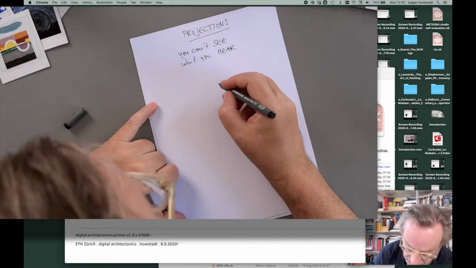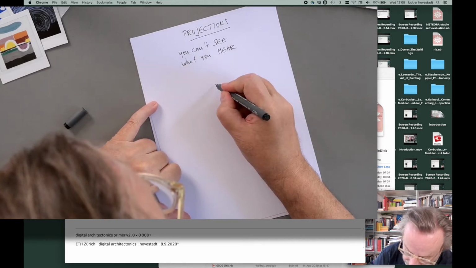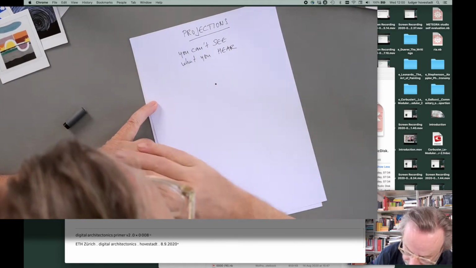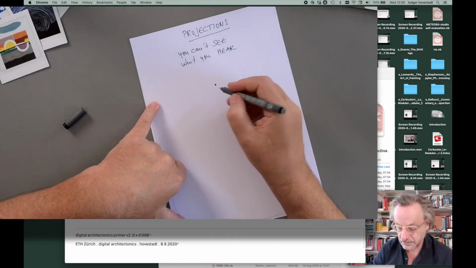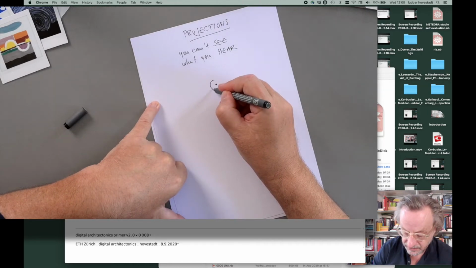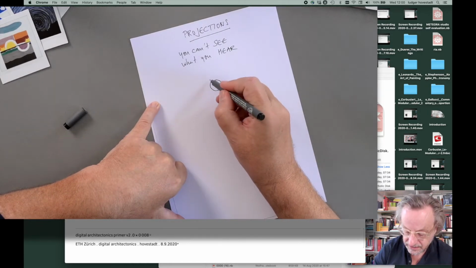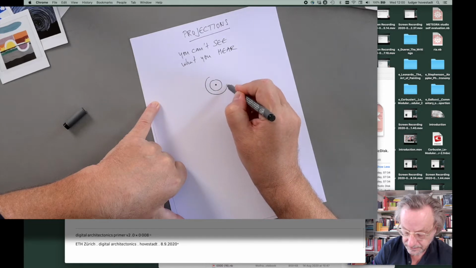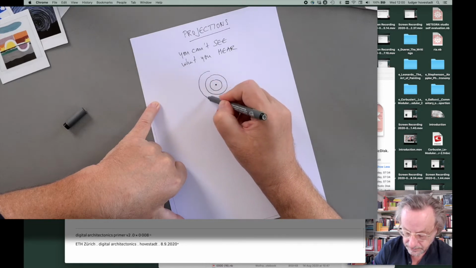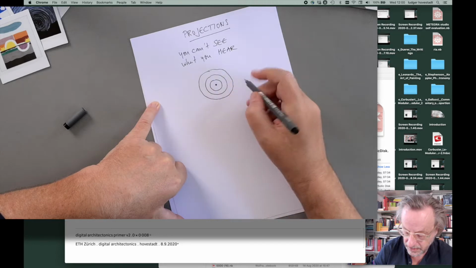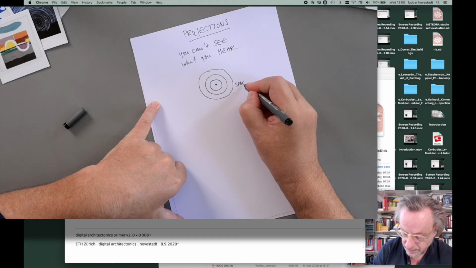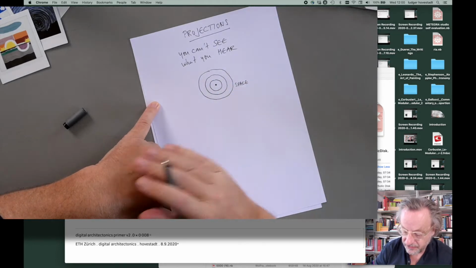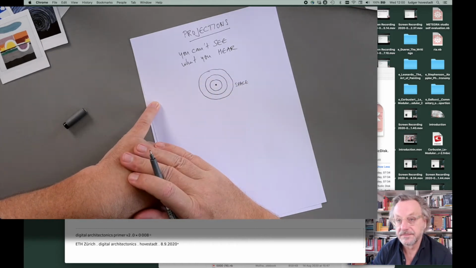To illustrate that, I like to throw a small stone into water, and then this stone will take space. Therefore, space is circular.